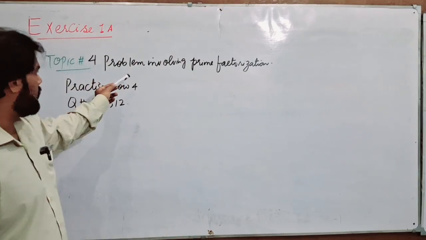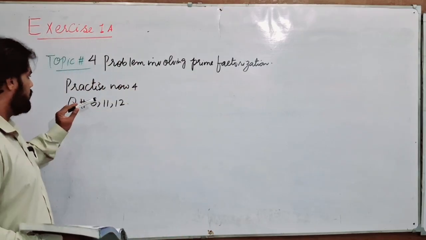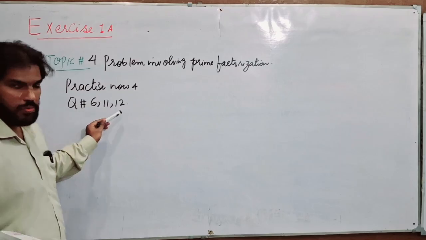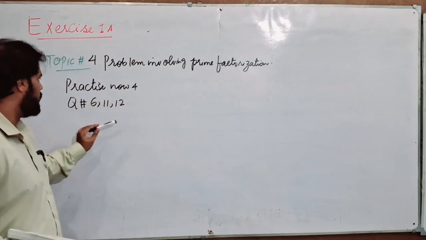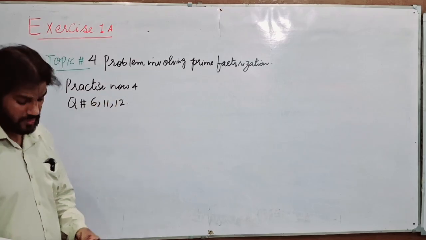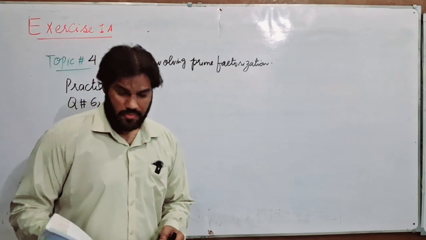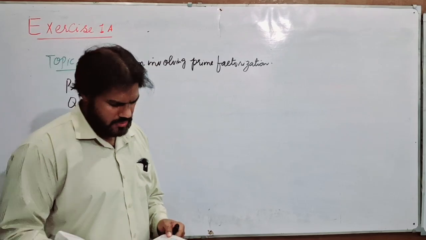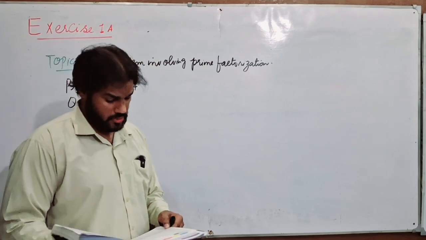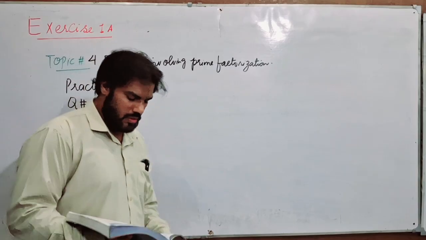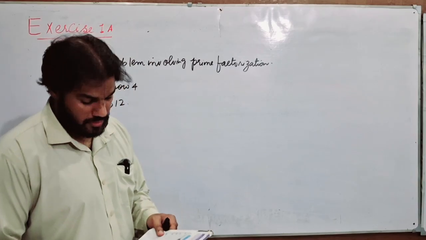This topic is problems involving prime factorization. The similar questions related to this topic are problem practice now 4 and questions number 6, 11, 12 in the exercise. I will do questions number 11 and 12. Question number 6 is very easy, and I hope you can do this question by yourself similarly as I will do.